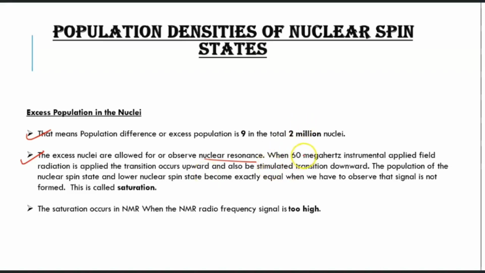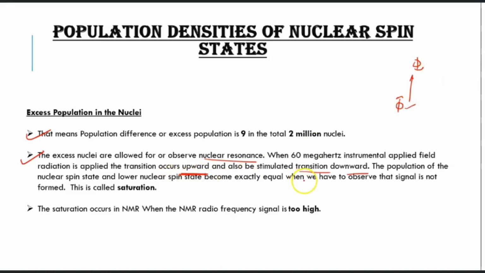And therefore, when you use a 60 megahertz instrument, what will happen? When a 60 megahertz instrument is used and the applied field radiation is applied, the transition occurs upward and also the stimulated transition downward. That means after absorption and transition upward, there are chances that after emission it returns to the same state.